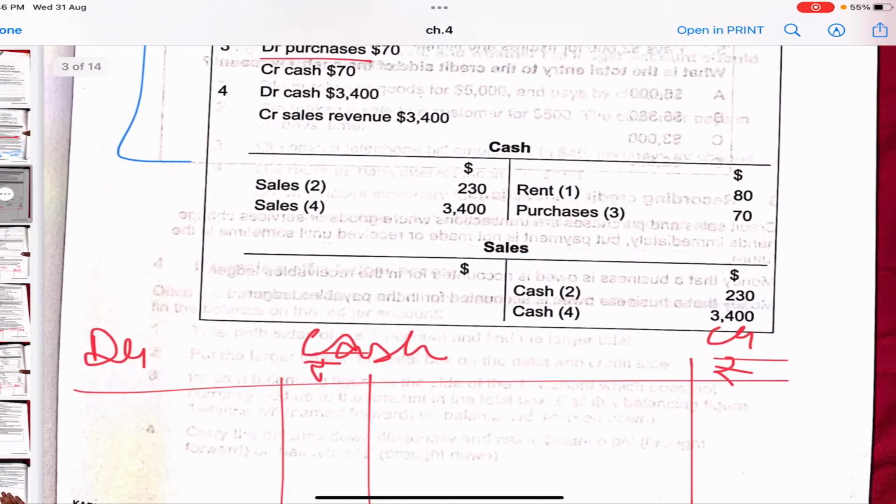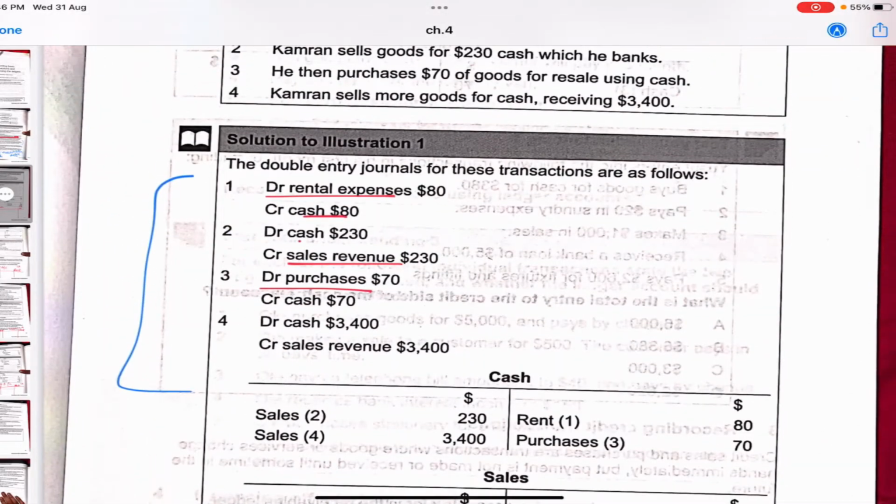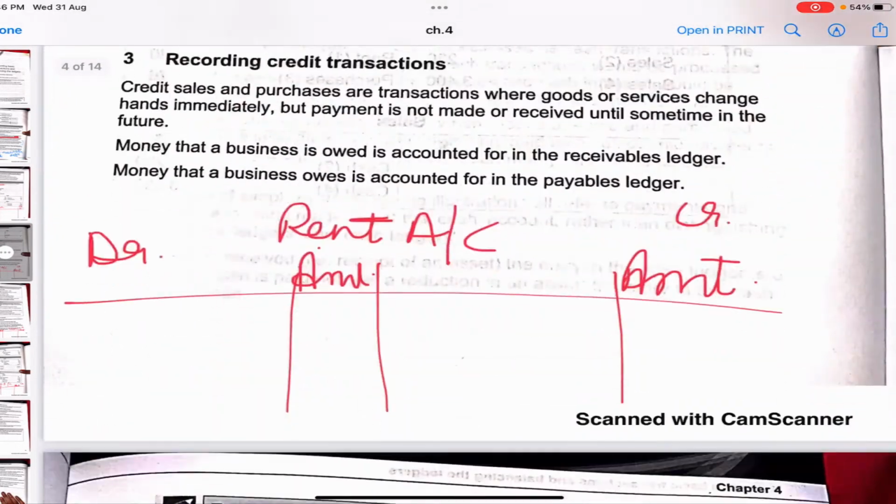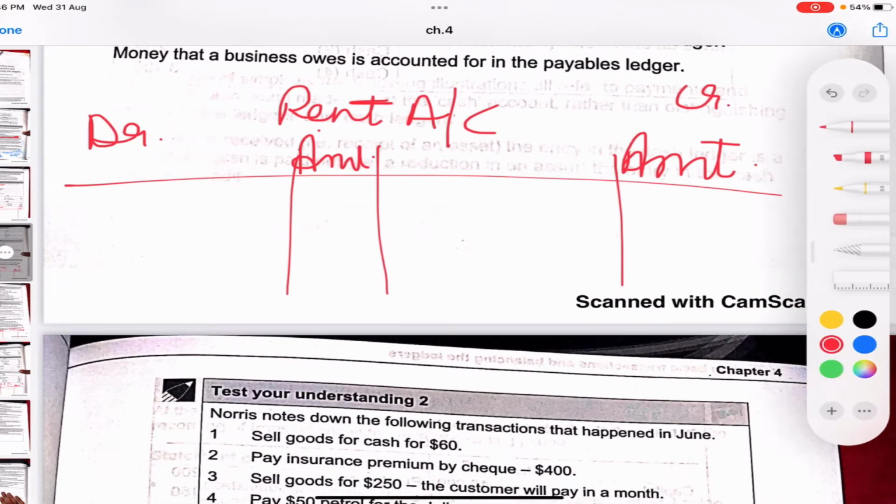And yeah, okay, now let's see each. Rental expense is getting debited and cash is getting credited for 80. Let's go to the rental account. So rent, how do you read it?